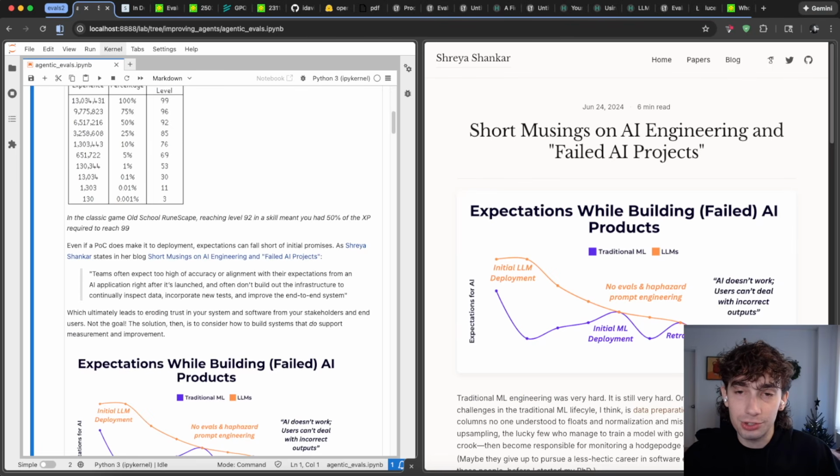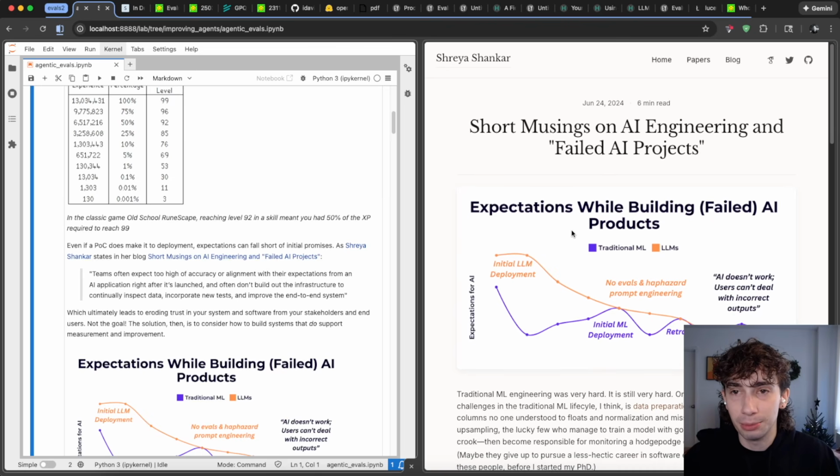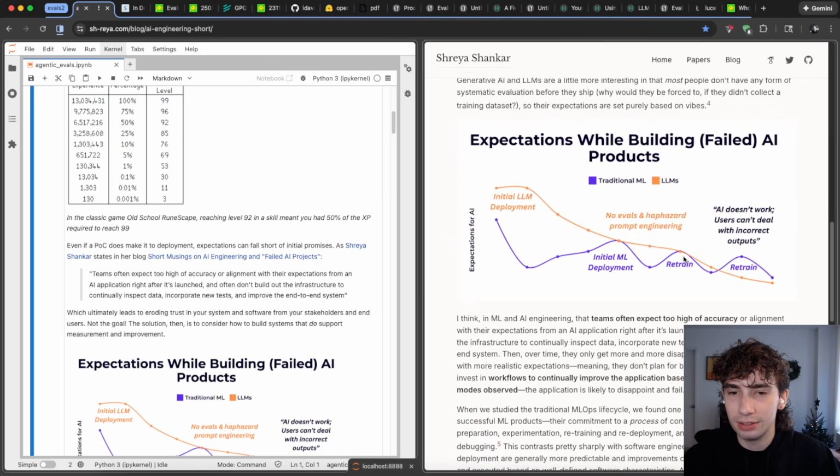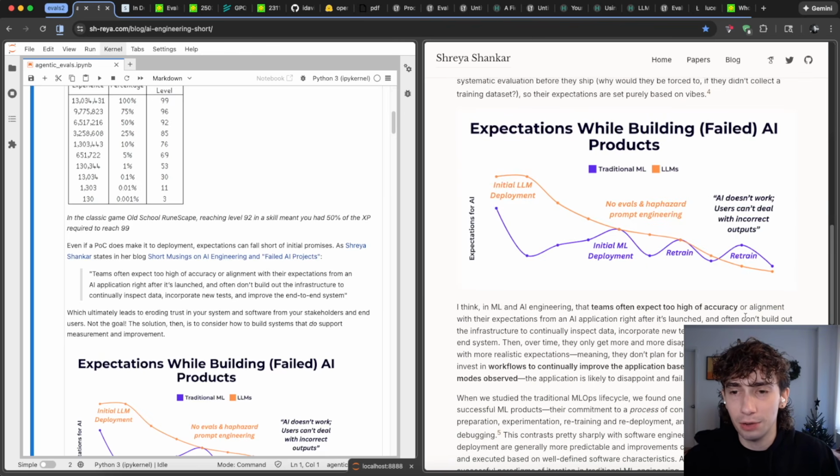If you have managed to take your proof of concept through to deployment and start having users actually use your product, you've probably run into a similar situation to what Shreya Shankar outlines in the blog Short Musings on AI Engineering and Failed AI Products, where down here she mentions that teams often expect too high of accuracy or alignment with their expectations from an AI application right after it's launched, and don't often build out the infrastructure to continually inspect data, incorporate new tests, and improve the end-to-end systems.